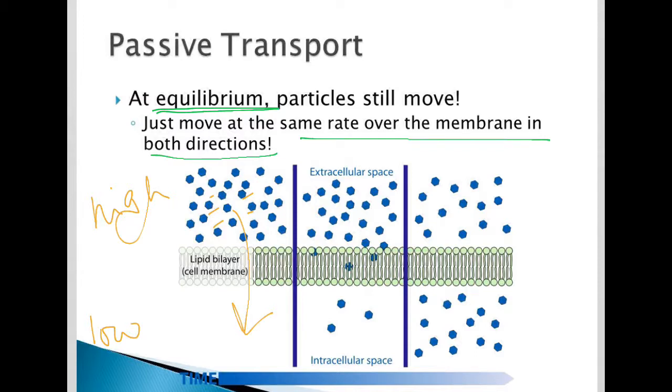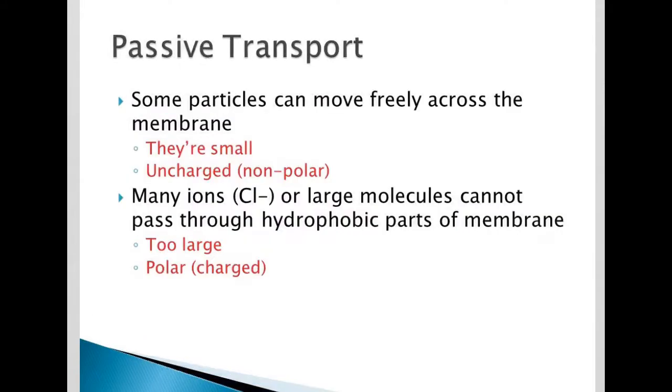And as we see this, we have particles moving even more. Eventually we get to equilibrium, but the thing we need to know is they will still move. One will move one direction, the other will move the other direction, and yet the concentration will stay the same. So again, in passive transport, no energy is required.